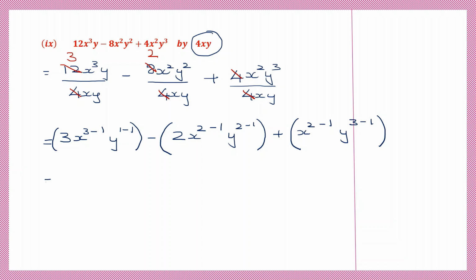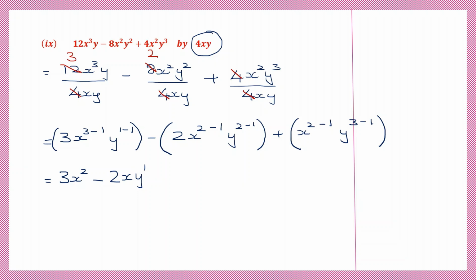Now we can open all brackets. So 3x to the power of 3 minus 1 is 2. Y to the power of 1 minus 1 will be 0. So y to the power of 0 is 1. So 3x square will remain as it is. Let's go to the next one. Minus 2. X to the power of 2 minus 1 is 1. So we have only 1x. And then y also we have 2 minus 1. So that is 1, which is y itself.